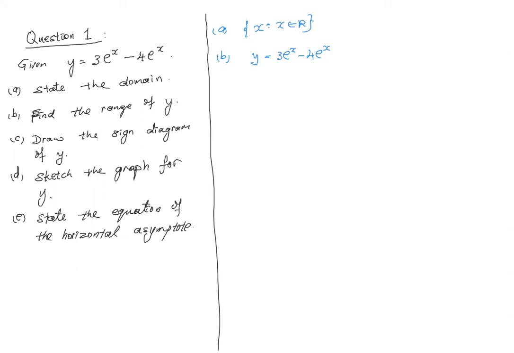Because here I got 3 times e to the power x, take away 4 times e to the power x. So I have negative e to the power x. Class, do you know how to simplify this? It's exactly like saying I got 3 apples, take away 4 apples. Are you clear? So I purposely put this in the function.